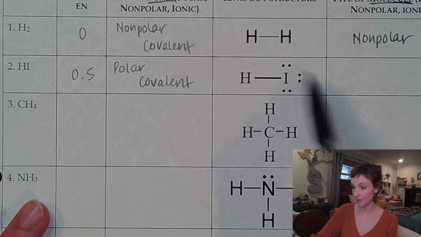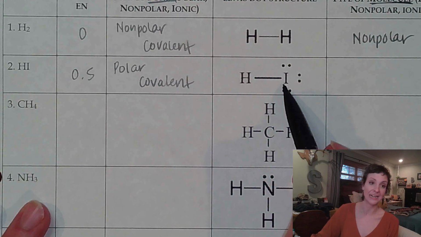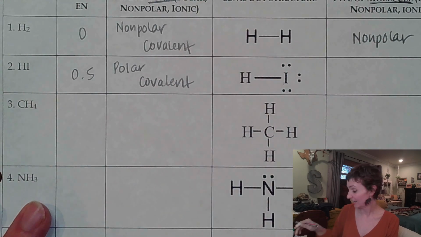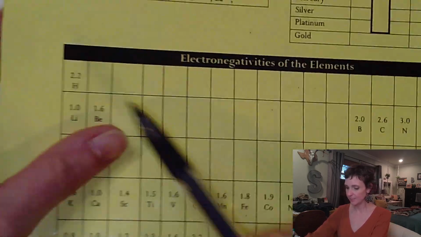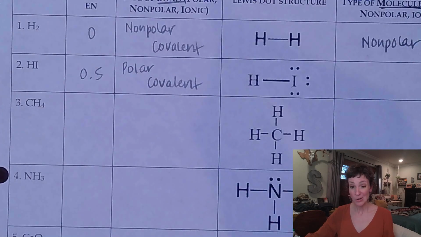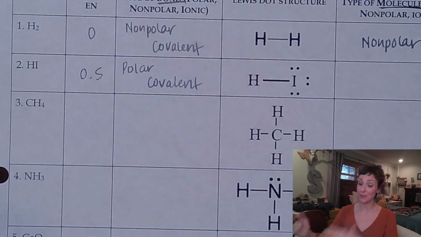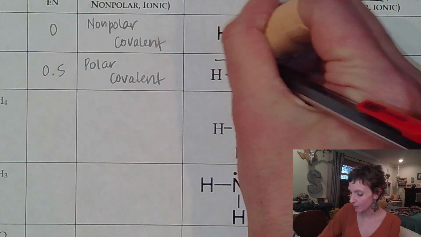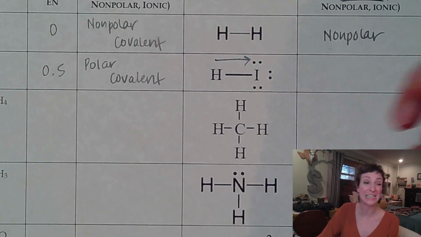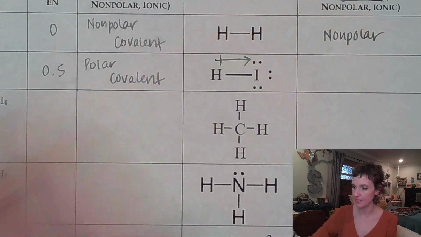So here is my molecule, which also shows the one bond in the molecule. We said that iodine had a greater electronegativity, right? Its electronegativity was 2.7 compared to hydrogen's 2.2. So the electrons are going to be more strongly pulled by the iodine, and I can draw a dipole going towards the more electronegative atom in the bond.